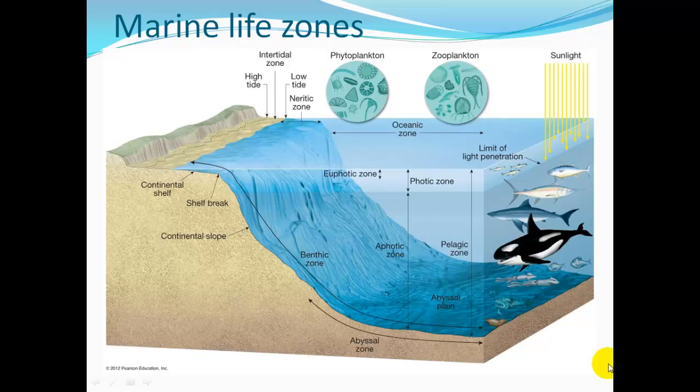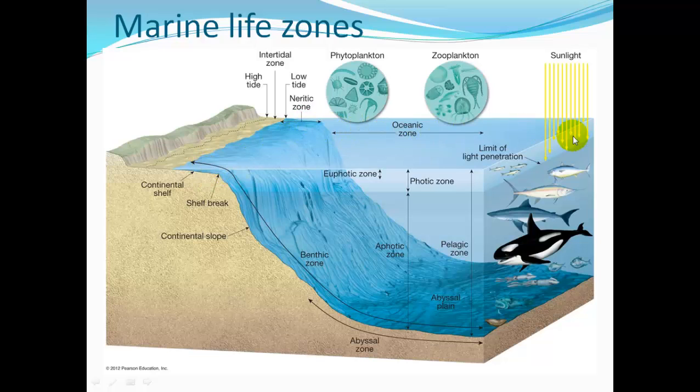So here's our diagram of all three of these things together. The oceanic zone is the whole range of the ocean. From the continental shelf, from high tide to low tide is our intertidal zone. Then our neritic zone is from low tide out to the shelf break.